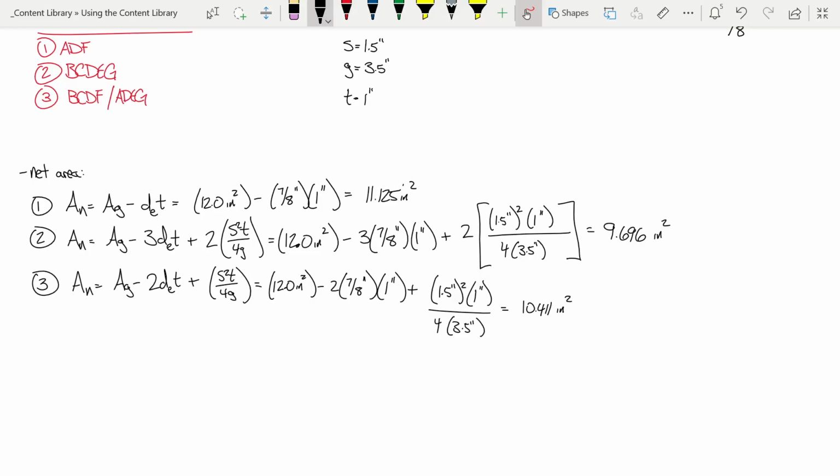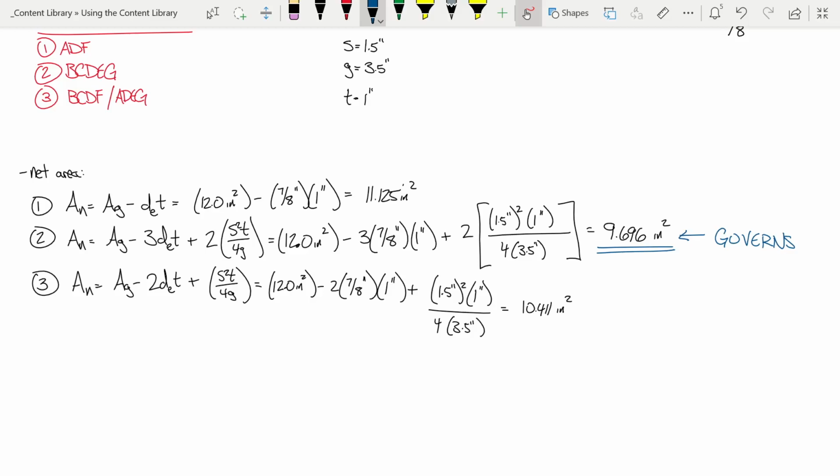Now, I'm going to throw some structural engineering jargon at you. We're going to say that this value governs. And what that means is that of these values, that is the value that dictates the rest of our computations and the rest of our design.